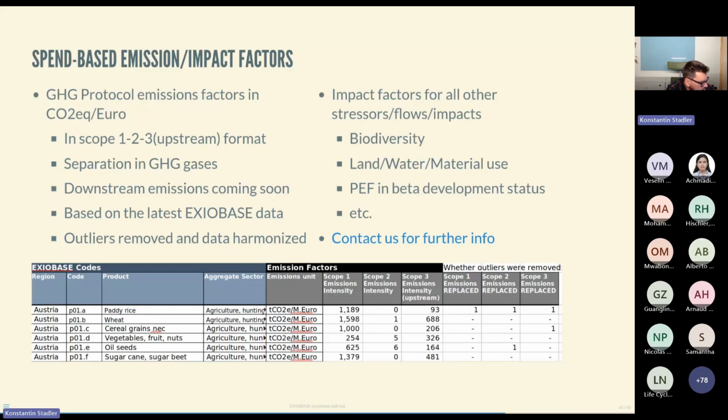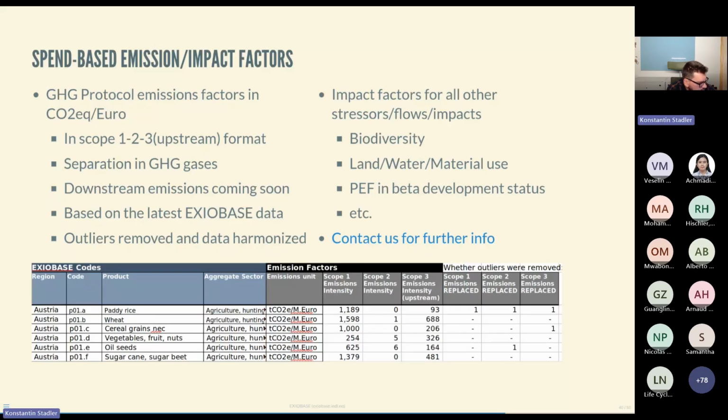We are very close to also having the downstream emissions now for specific products. And we have the same data set, of course, without scope 2 for the other impact categories, so for biodiversity, land, water, materials, and so on.